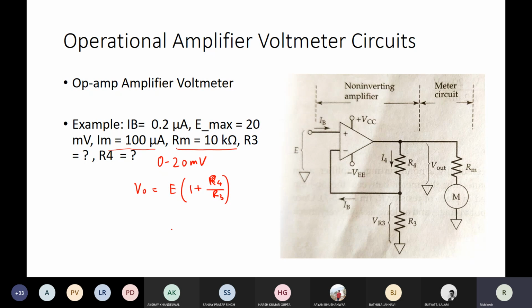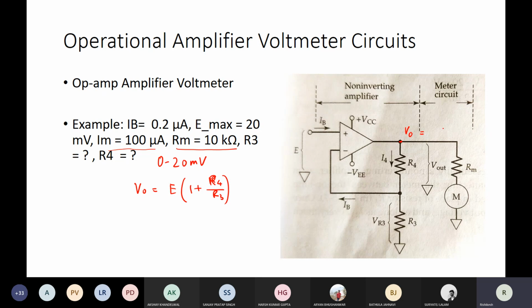Now, in that case, what will be the output voltage when maximum current is flowing through this? What will be the output voltage at this node?